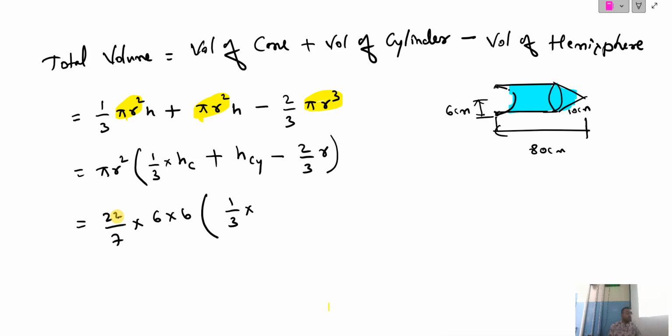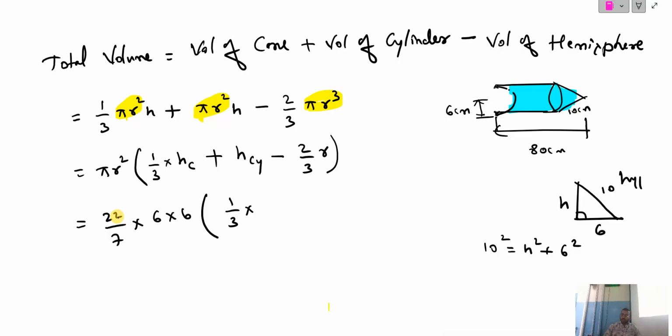We don't know. They have given the slant height, not the height. In that case, what can you do? Draw one right angle. Slant height they gave is 10. Radius we know is 6. Now we need h. Now can we write 10 square is equal to h square plus 6 square, Pythagoras? The square of the hypotenuse is equal to the sum of the squares of the other two sides. Hypotenuse is 10.